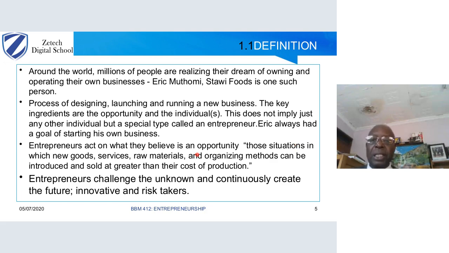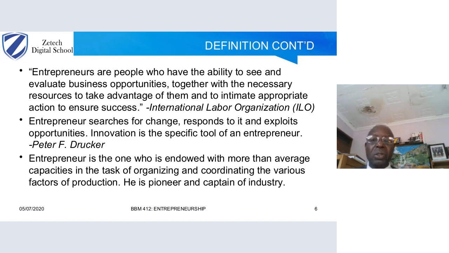Entrepreneurs act when they believe in an opportunity. So it must be there. It begins with an idea. Then, of course, these entrepreneurs are ordinary people, with ordinary ideas, an ordinary way of thinking and looking at things. They see opportunities where others don't. They also evaluate these opportunities and they move forward. Entrepreneurs search for change. They respond to it and exploit it.